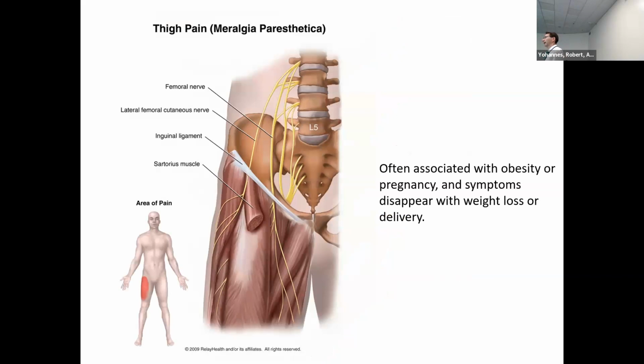Now, several things to say about it. First of all, it has nothing to do with the femoral nerve except for the commonality of the name. It's not coming off the femoral nerve. It just goes into the femur area, okay, to the leg.